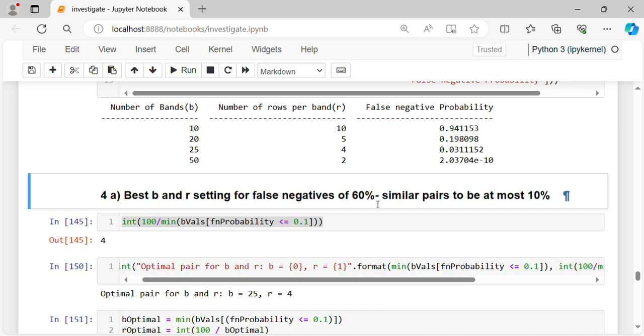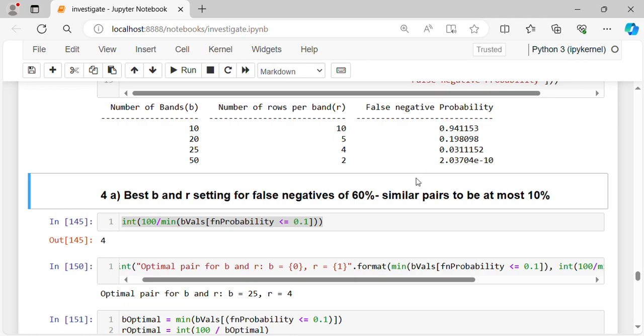Setting for false negatives of 60%, similar pairs to be at most 10%. So now 100 is the number of hash functions. 100 divided by the minimum of B values where Fn probability is less than or equal to 0.1.